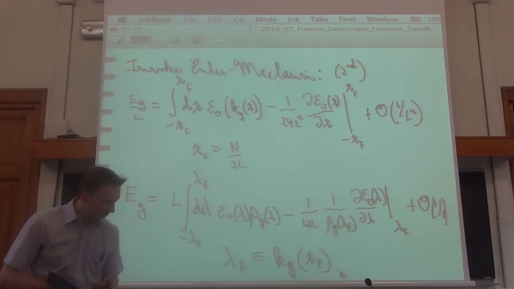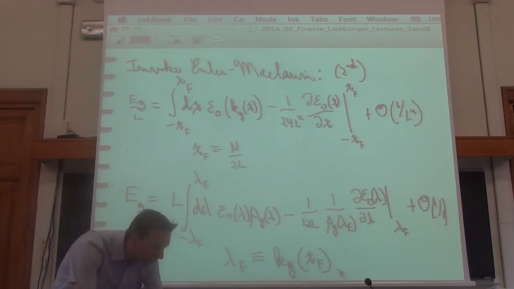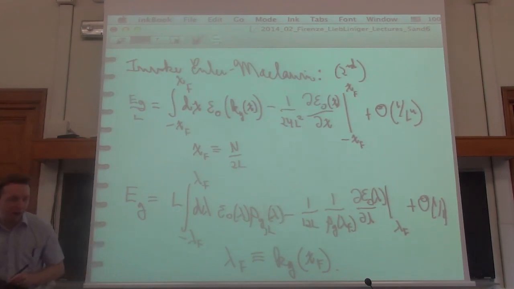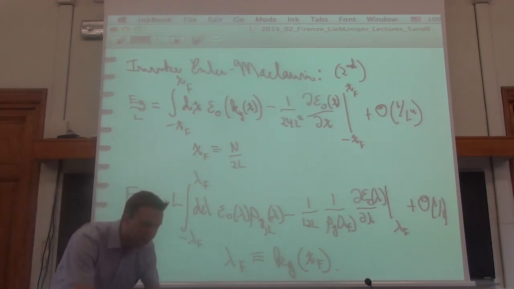Okay, now I have to be a little bit careful here because when you do this replacement, there can be a correction to order 1 over L of this density function here. So let's just write that down explicitly.